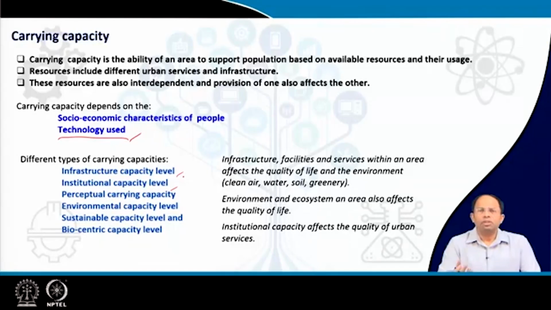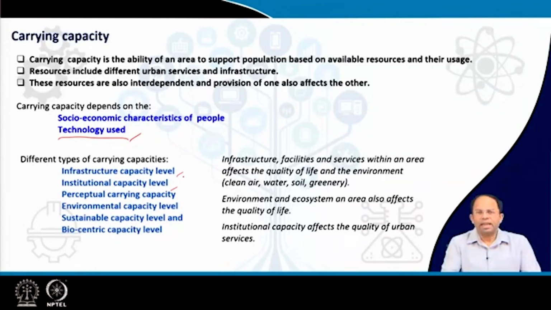Institutions mean the government, the way the government operates, certain bodies such as the security system, the apparatus of that particular city, or maybe the health system of that area. So how that is governed, what institutes are there, their capacity, all this will determine the carrying capacity of that urban area.